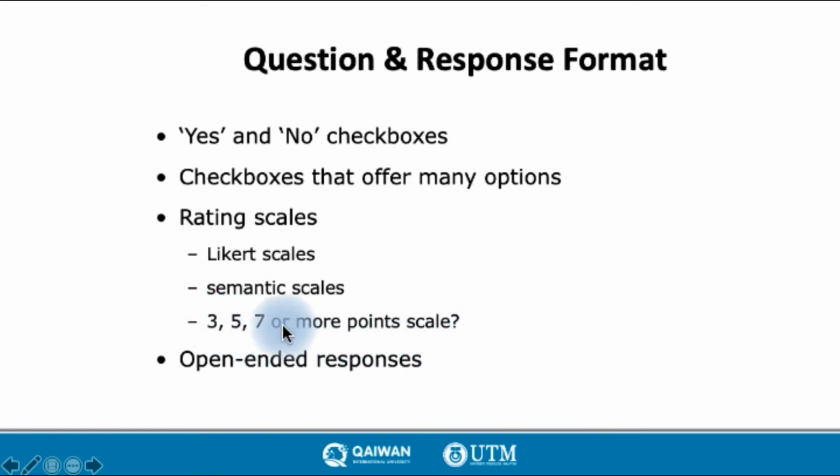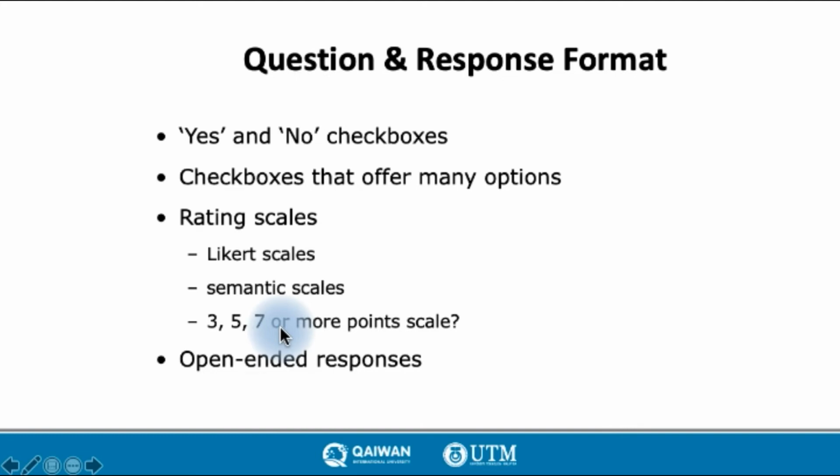So what I mean by this, usually when we're asking the users, are you satisfied with the current applications, then we will give him, if you answer number one, it means you agree. If you answer number two, you are neutral, you neither agree nor disagree, and if you answer number three, you disagree.